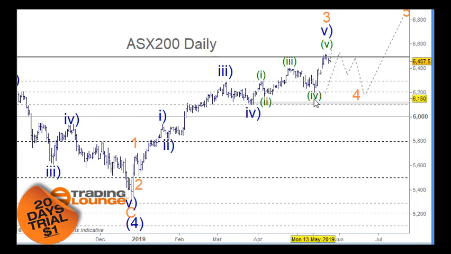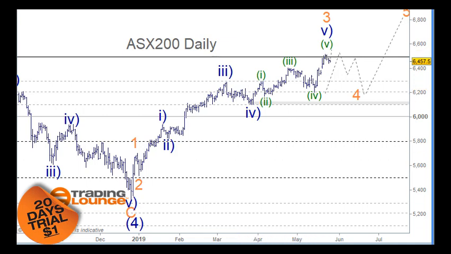The other point I've mentioned before, that doesn't fit well but was pushed around by the US markets, is this little structure within here of 1 and 2 and 3 and 4, with wave 4 deeply overlapping wave 1, and that breaks one of the fundamental Elliott rules. So it's possible that this is 1 and 2, and then also 1 and 2 of a smaller degree, with wave 3 then going up here.